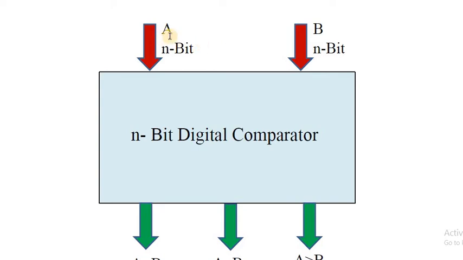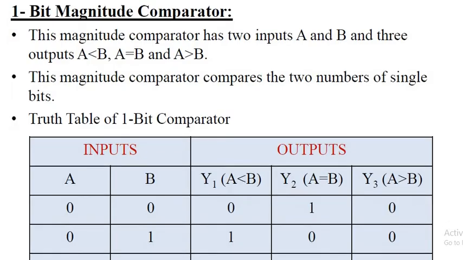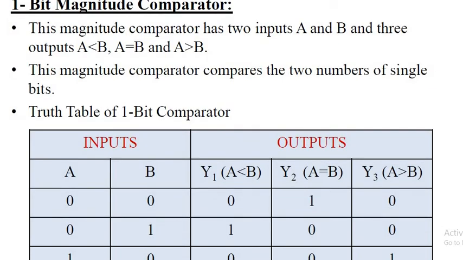We can give n bits of A and n bits of B and compare. That is an n-bit magnitude comparator or digital comparator. Then it generates the outputs A less than B, A equal to B, and A greater than B. This is the block diagram of the magnitude comparator.